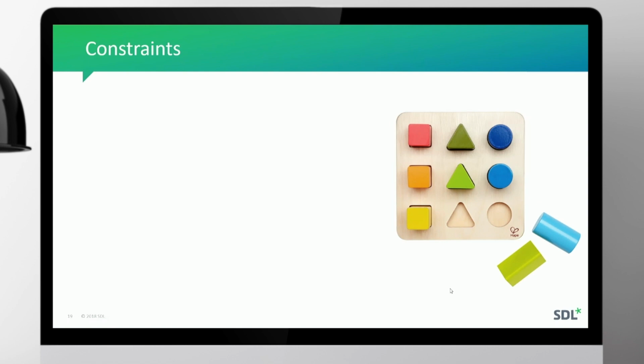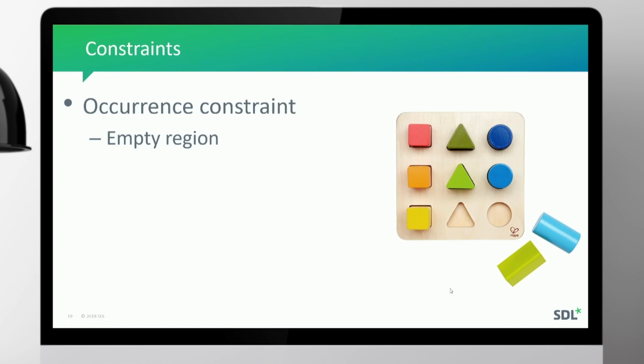So I already explained how constraints work. At the moment, there are two types of constraints: occurrence constraints, which allow you to restrict the maximum number of component presentations on the page, or completely disable component presentations in a particular region.